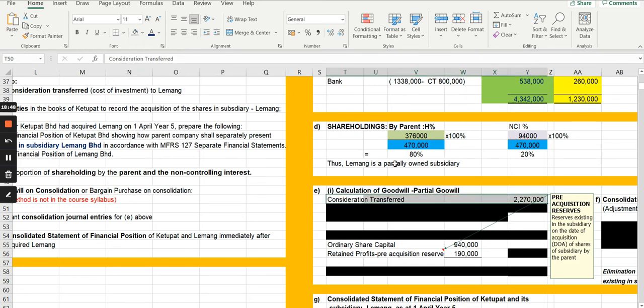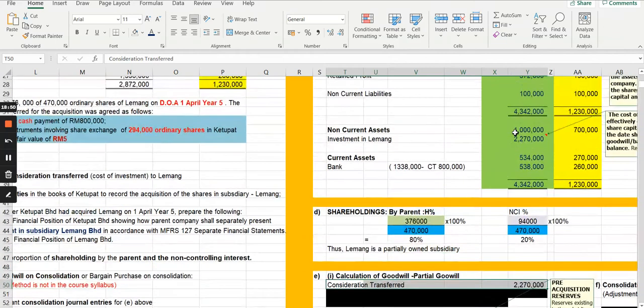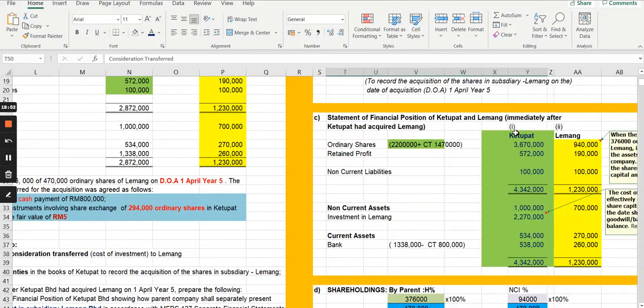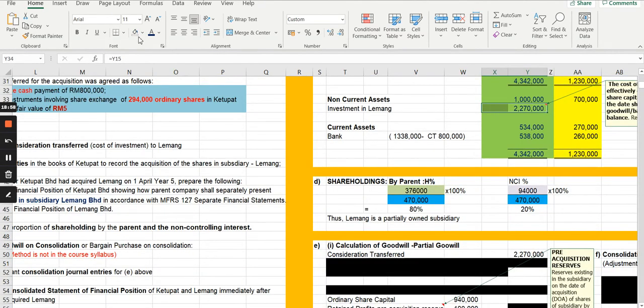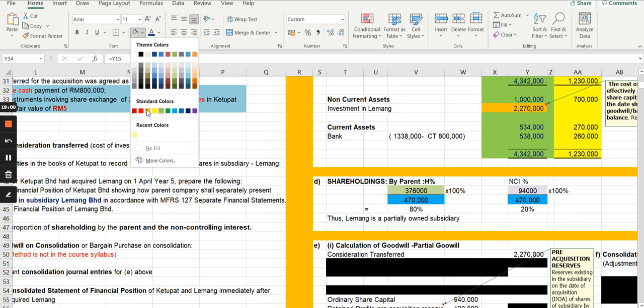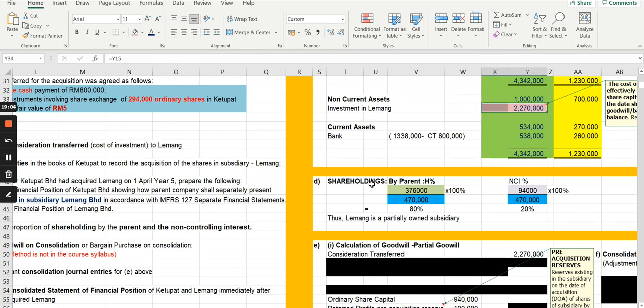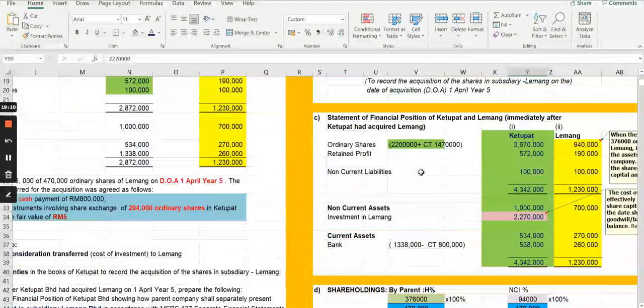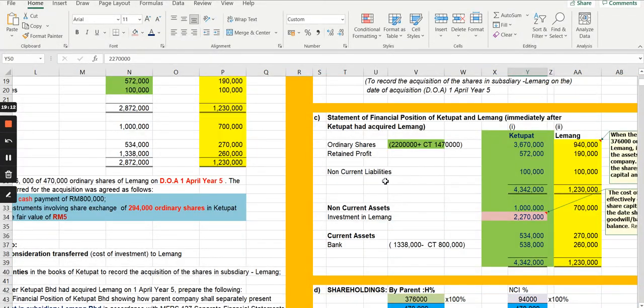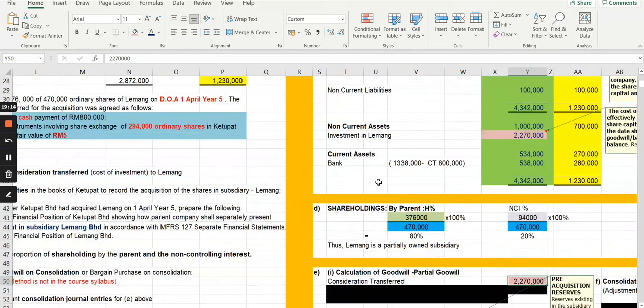Our consideration transferred is given here in the statement. I took the consideration transferred from the statement of financial position that was prepared after the acquisition of shares.